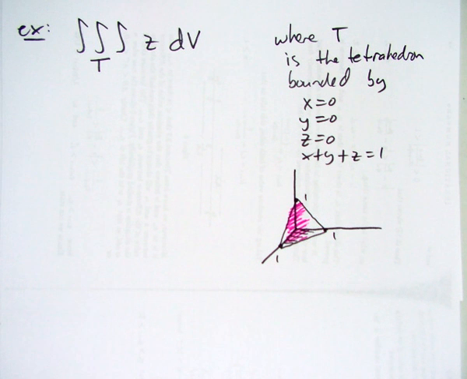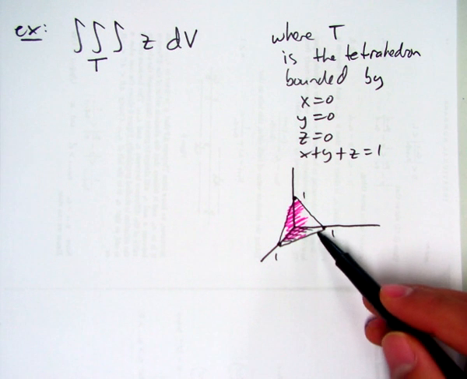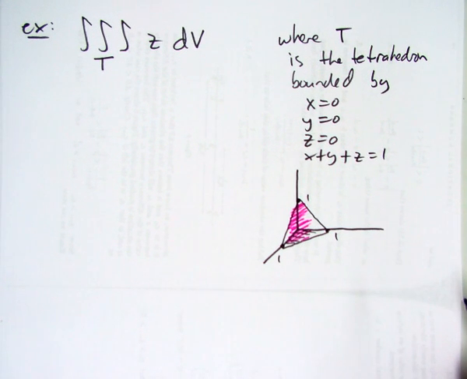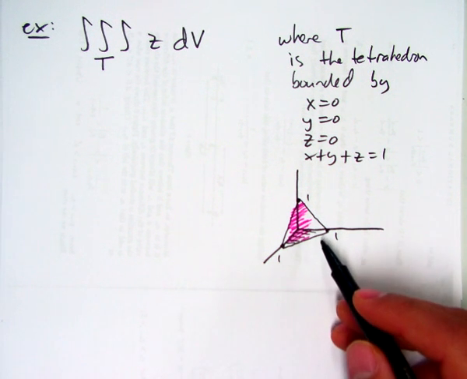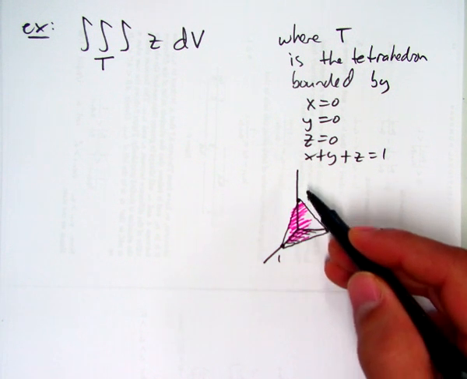I always generally try to see if I can do it in z first. So if I'm looking in the z direction, is there a clear lower surface and then upper surface here? Yes, there is. z equals 0, and z equals 1 minus x minus y.